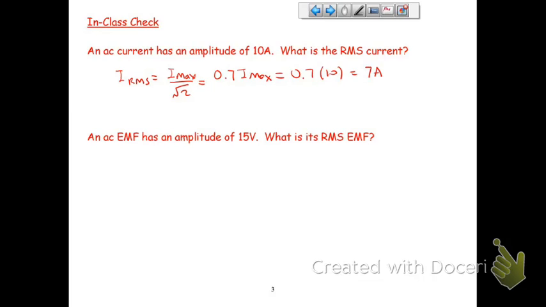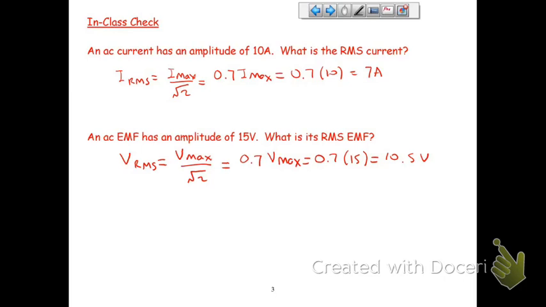And an AC EMF has an amplitude of 15, so V_RMS is equal to V_max over the square root of 2, which equals 0.7 times V_max, which equals 0.7 times 15, which equals 70 plus a half of 70 is 105, which would be 10.5 volts.